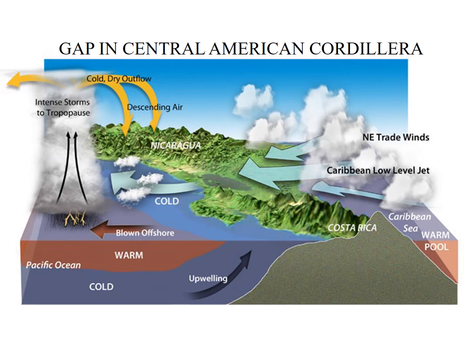As it rushes through the gap, that air blows across the surface of the Pacific, and it blows the warm water, indicated by the red rusty coloured water, back out into the Pacific Ocean. Colder water from deeper down in the Pacific is forced to rise up along particularly this northwest coast of Costa Rica. So cold water comes to the surface as the Caribbean low-level jet intensifies in July and August.